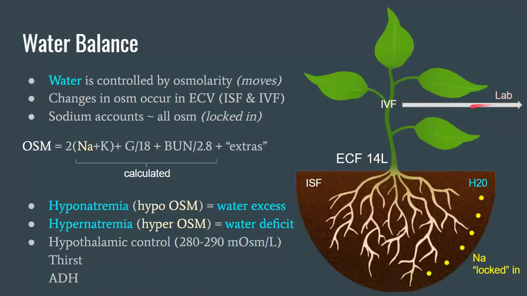So what you're really measuring, not so much is sodium, because most of the sodium is locked in the interstitial fluid space, right? What you're measuring is how much water got up there relative to the osmolarity of the plasma.